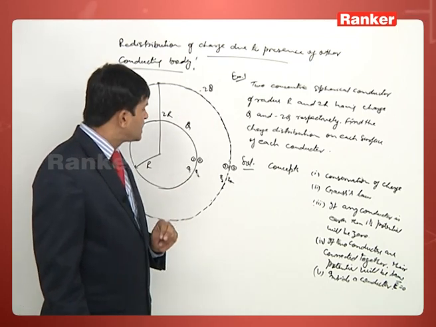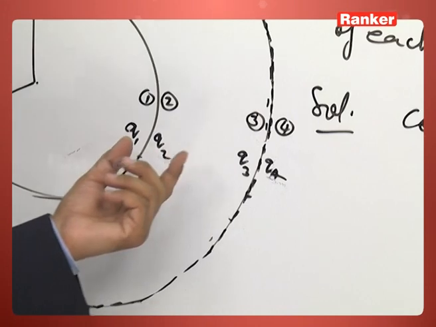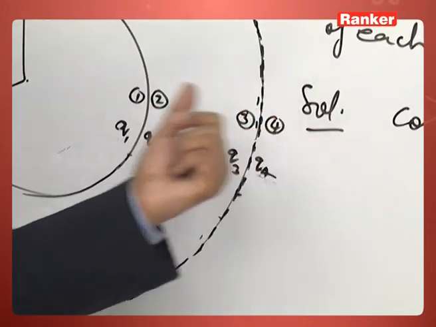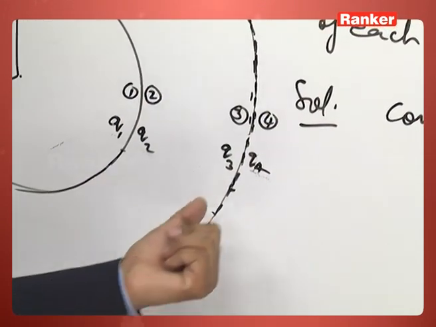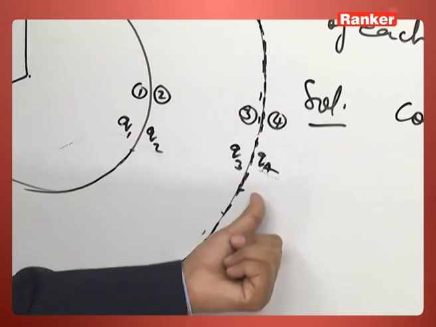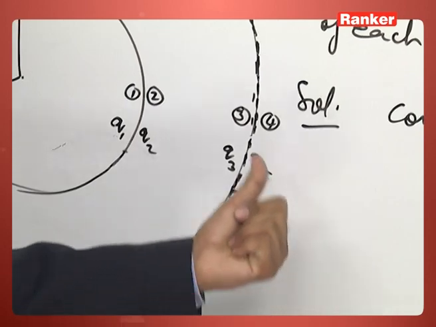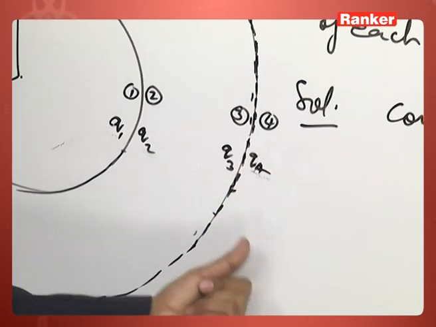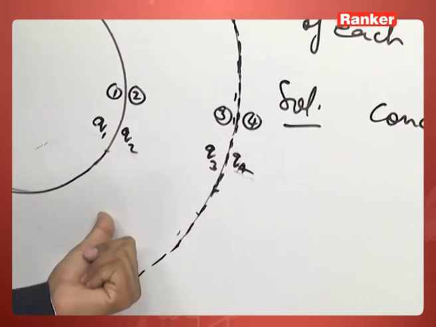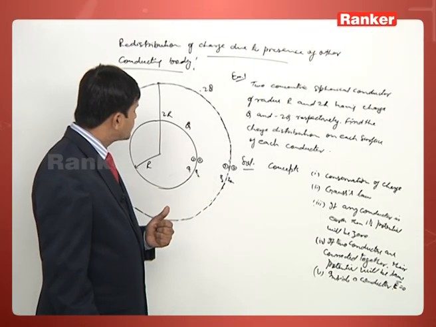In the previous two cases, in the first case we took the charge distribution directly. In the second case, we discussed what will be the effect if the outer shell is earthed. Third, suppose the inner shell is earthed, then see the effect.